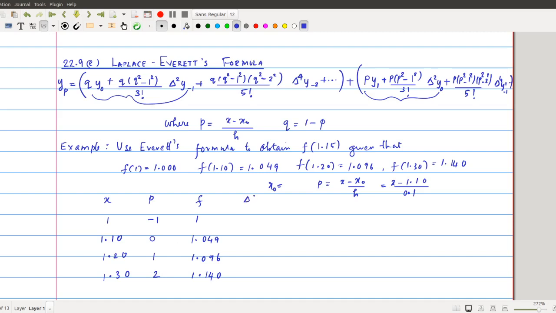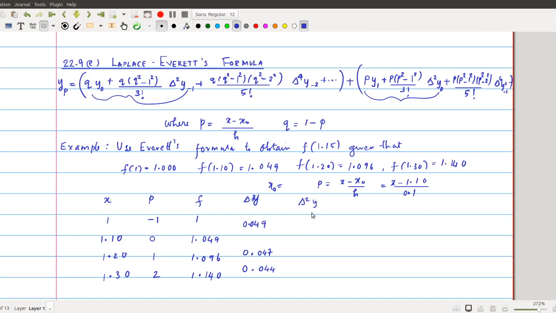Delta y. What is delta y? The difference between these two, so that will be this minus this, that is 0.049, and this will be 0.047, this will be 0.044. Now the next order, delta square y.